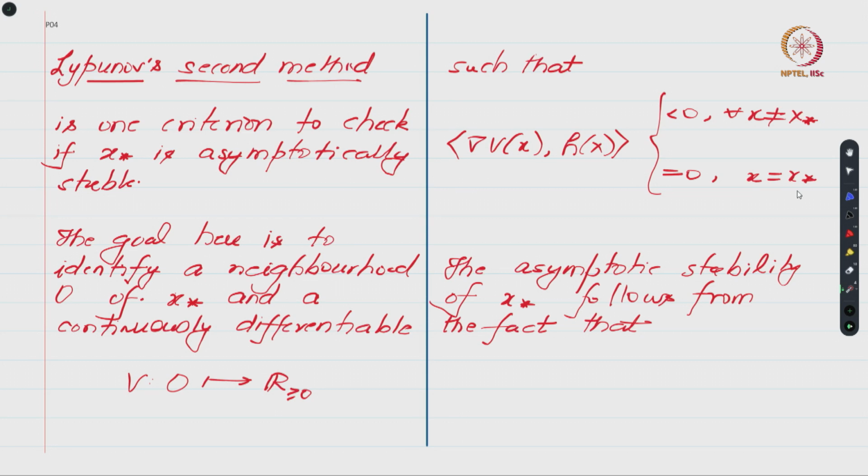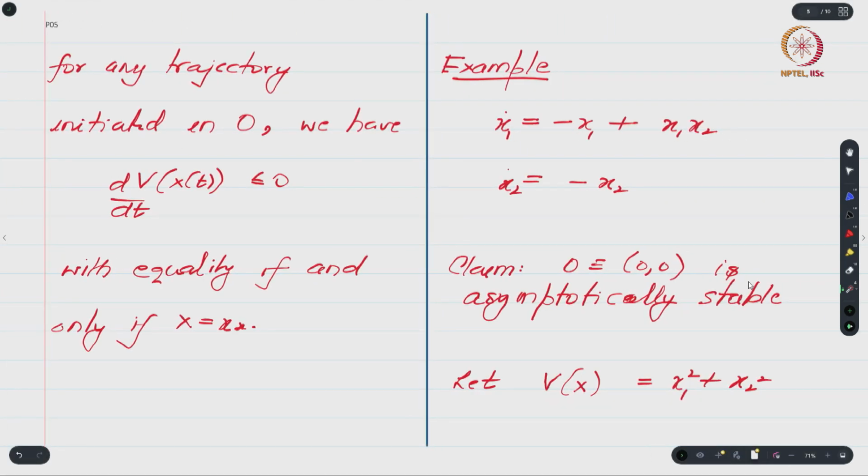One can ask, if you have a Lyapunov function, so what? One can show that whenever you have a Lyapunov function, then x star will be asymptotically stable. It is asymptotically stable because one can show that along any solution trajectory initiated in O, the value of V decreases, since the derivative of V with respect to time is less than or equal to 0, with equality if and only if x equals x star.